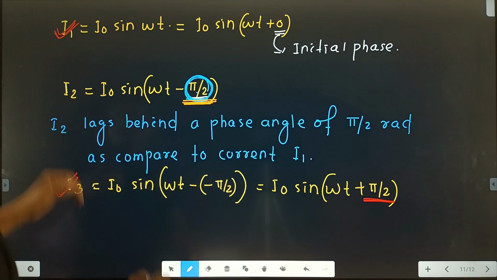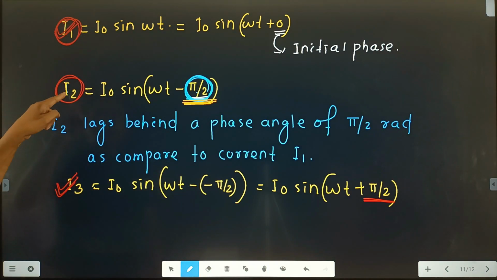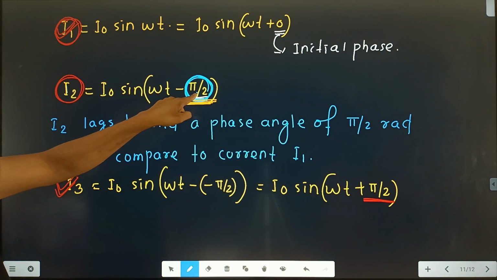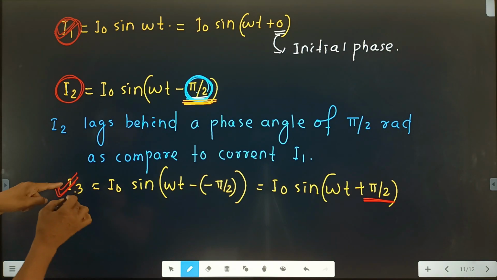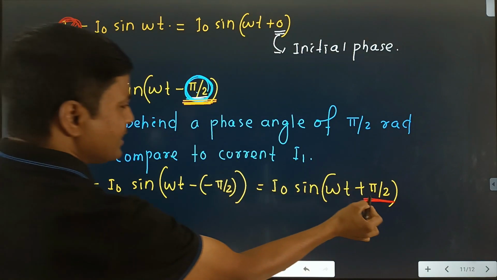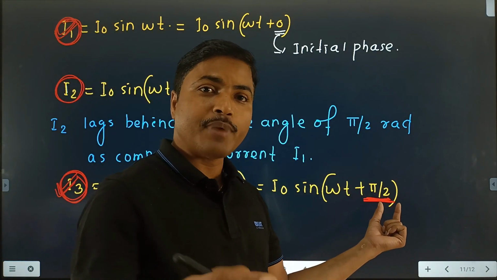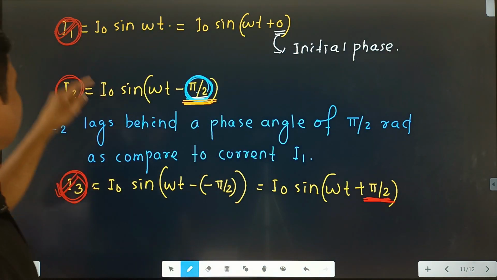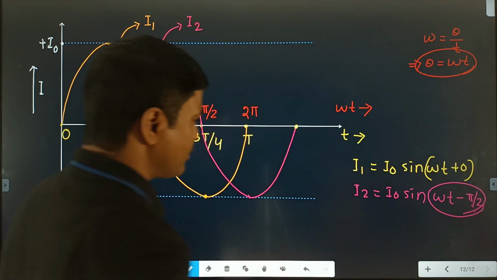That means if we compare I2 and I1, I2 current lags behind I1 by pi by 2 radian. If we compare I3 and I1, I3 current is ahead of I1 by pi by 2 radian. Clear? Now I draw the graph for I3.